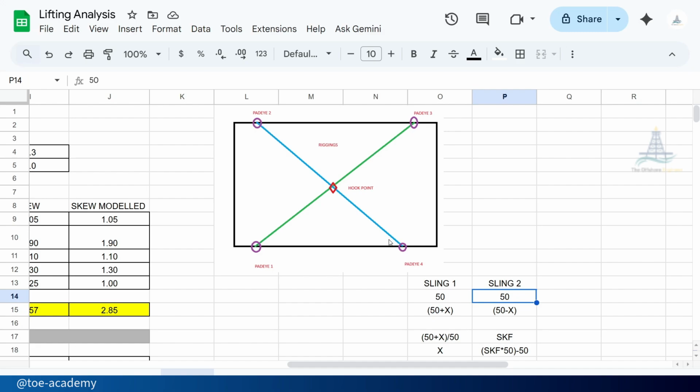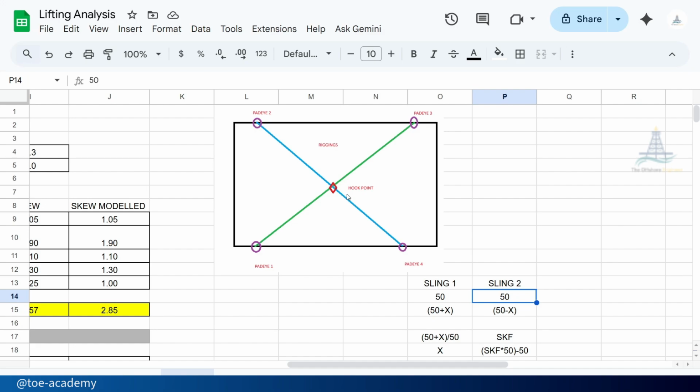So then, when we start loading, one is shorter and one is longer, and the shorter one will start getting loaded first, because it will come to tension sooner. Once it starts getting loaded, and after it takes a certain weight, the elongation will match the other one, and only then will the other sling take the load.